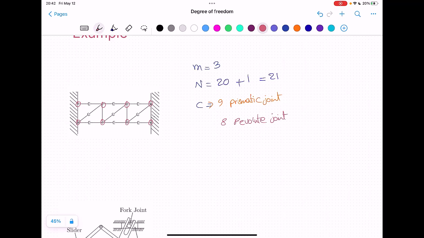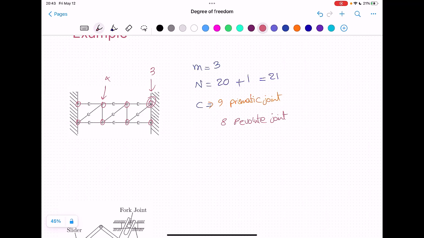But stop here. At first glance, you may observe 8 revolute joints in this mechanism. However, when you look more carefully, some of these joints actually connect more than 2 links. For example, here it connects 4 links together, and here it connects 3 links together.